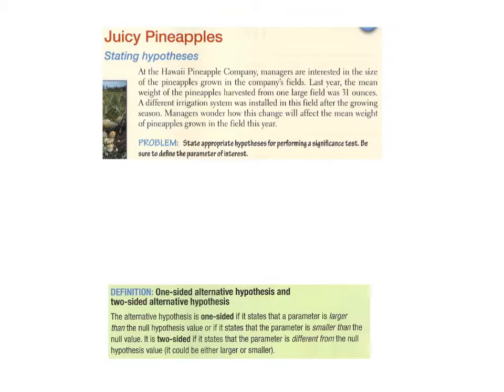Well, our parameter of interest, hopefully we've gotten pretty good at that at this point, as long as we're using it in context. So our parameter of interest here is going to be our mean weight, mu, of all the pineapples grown in this field in this year.